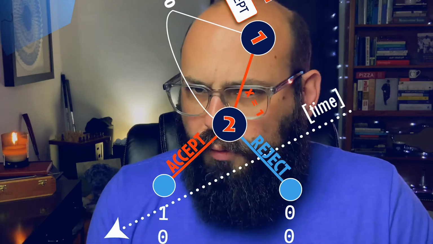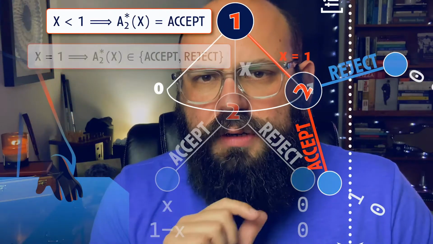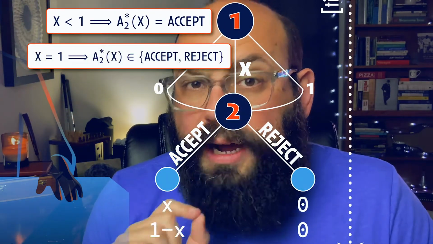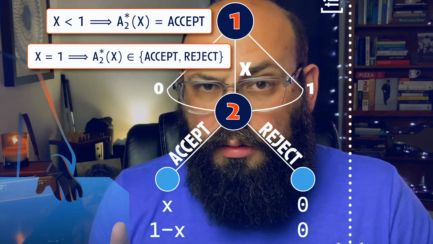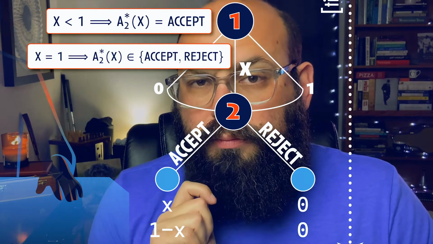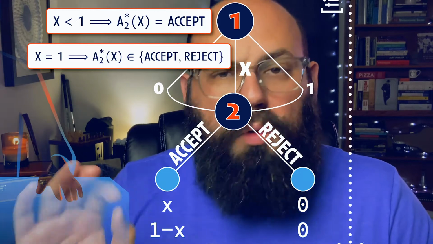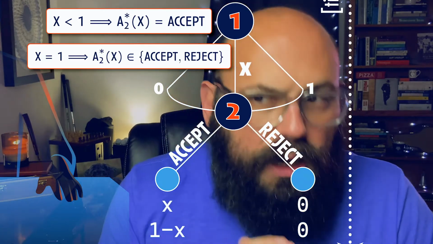Those are both a best response, right? We've said throughout that if somebody is indifferent, then either one is possible. Therefore, my strategy function has to be accept or reject. It has to spit out either if x equals 1. Either is acceptable. And we'll think about both of those contingencies separately.